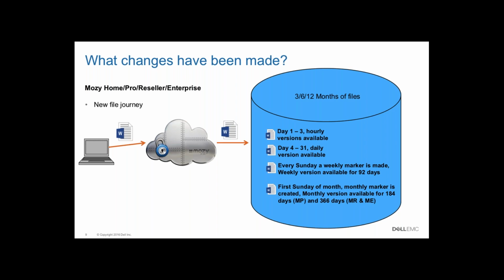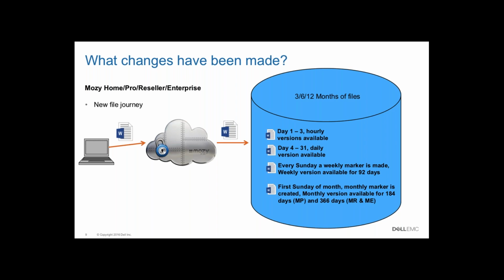Okay, so what will happen with the new policy is that previously you would have backed up your file and had a continuous spell of, I'm going to use a Mozy Home customer for this example because it's easier, 30 days. Previously you would have had just 30 days of versions.